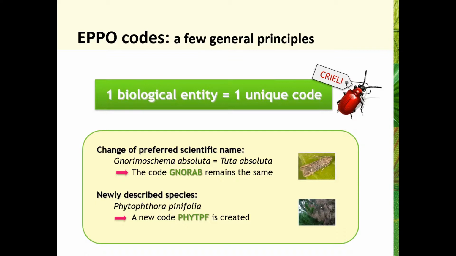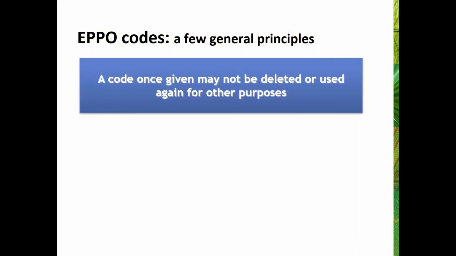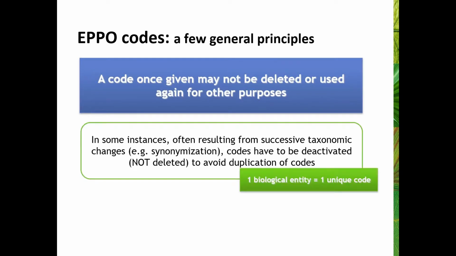But nevertheless, when it was renamed Tuta, the code did not change. For new species that are newly described, new codes are created. Nothing difficult there. So another principle is that once a code has been given, the code is not deleted and it's not used again for other purposes.